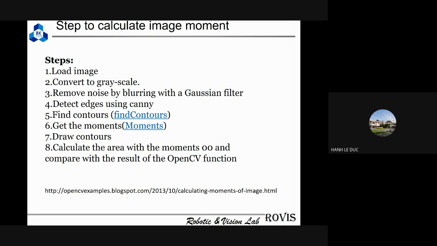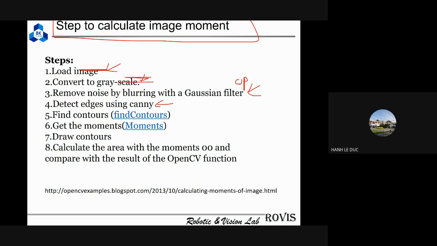So let's see the steps for you to apply the moments. First, load the image, and then convert to grayscale. This one is to reduce the noise. This is optional. Remove the noise. And then this one you have to do: detect edges using Canny.